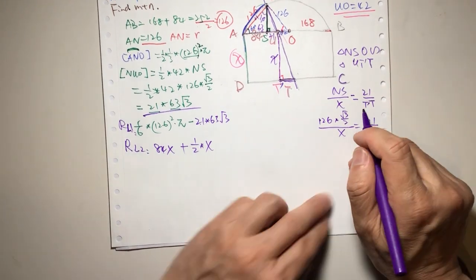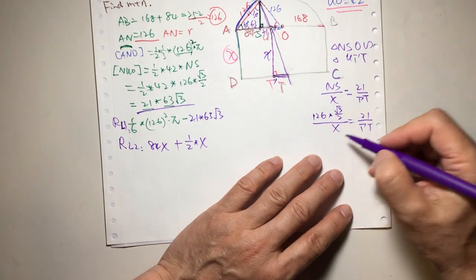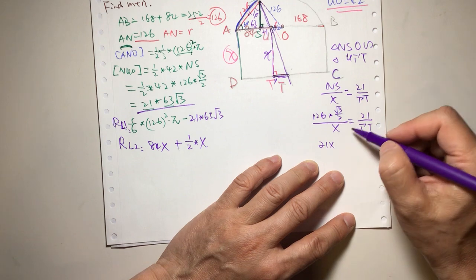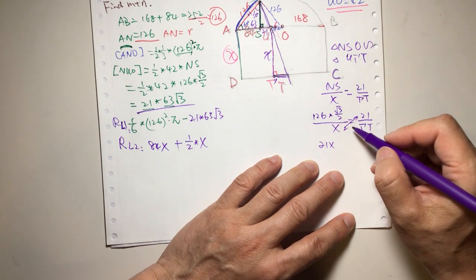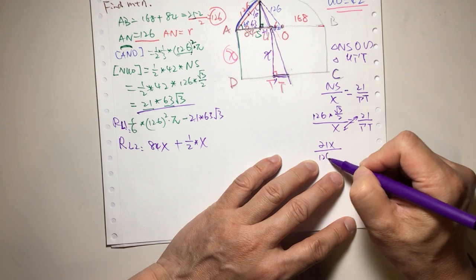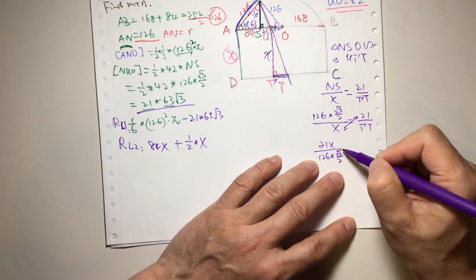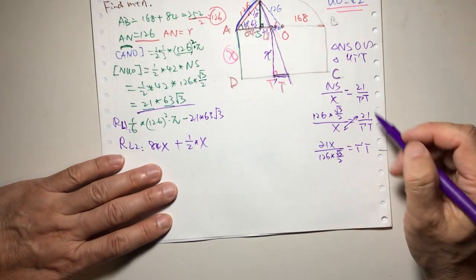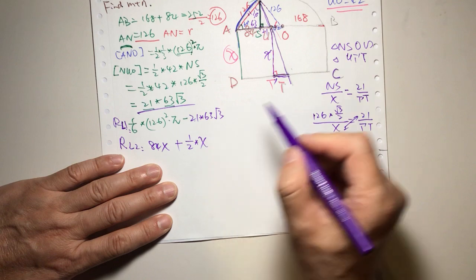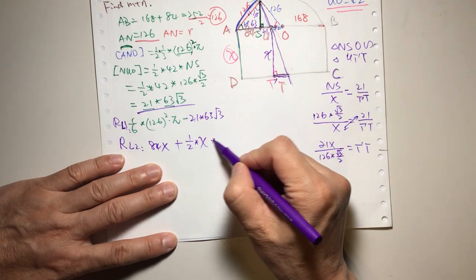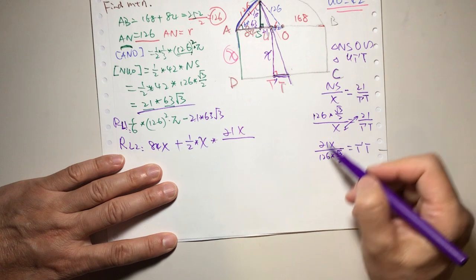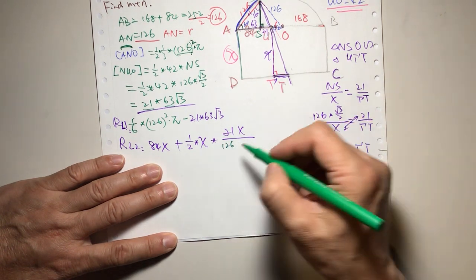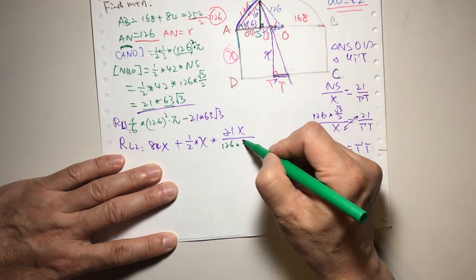And we know T prime T equals 21x over 126 times square root of 3 over 2. That's T prime T, that's what we want to know. That's x. So T prime T is 21x over 126 times 1/2 square root of 3.